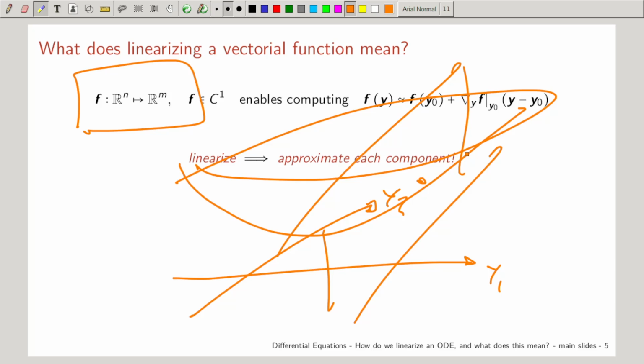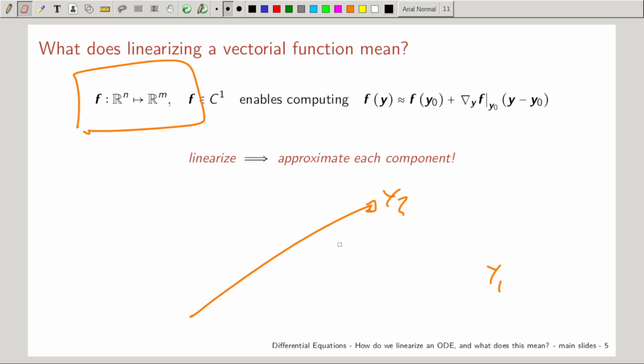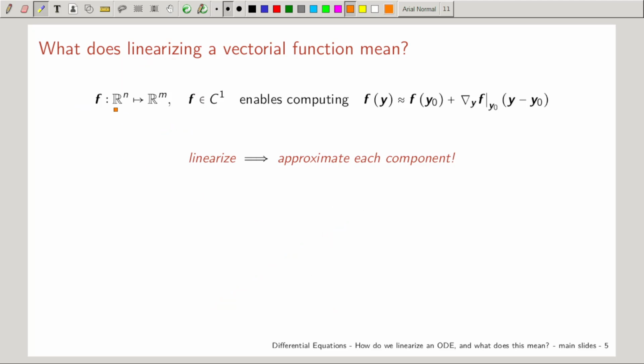For every y dot, y1 dot, y2 dot, y3 dot, y4 dot, for every yn dot, I will have a plane, and I will need to linearize. I didn't say it in a good way, but you got the point. Whenever I have more variables, I need to linearize every variable. Perfect.